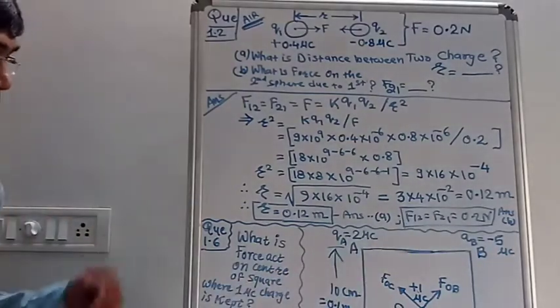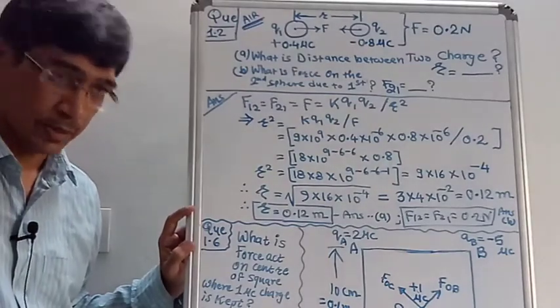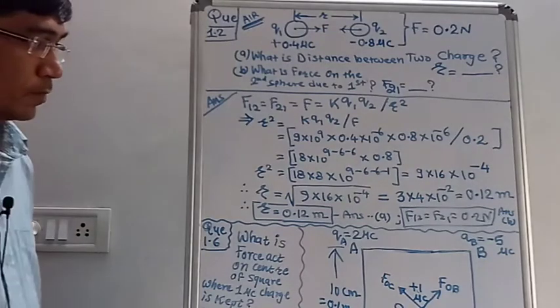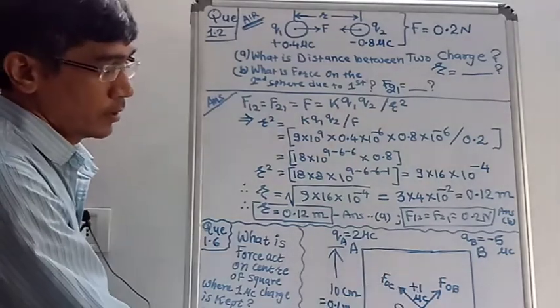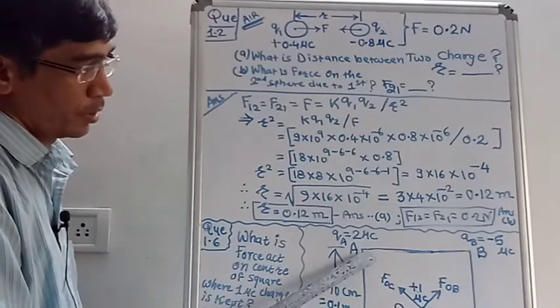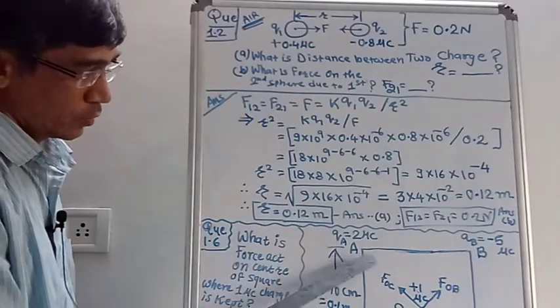Now we are taking another question, 1.6. In question number 1.6, here a square with corner points A, B, C and D is given.